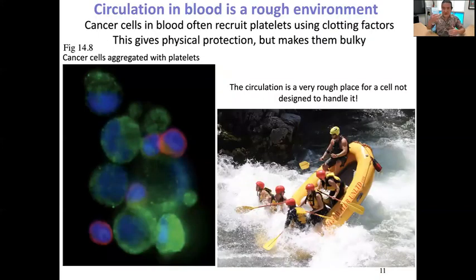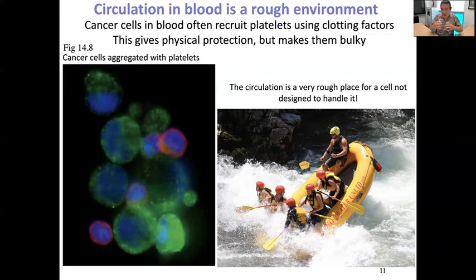So the circulation in the blood is a very rough environment, because these carcinoma cells that maybe were designed to be, let's say, glandular cells or something like that, were never designed to flow through the blood.